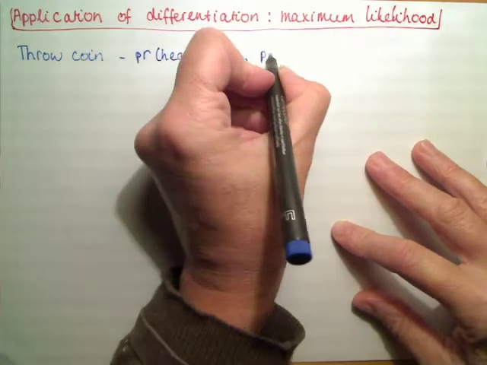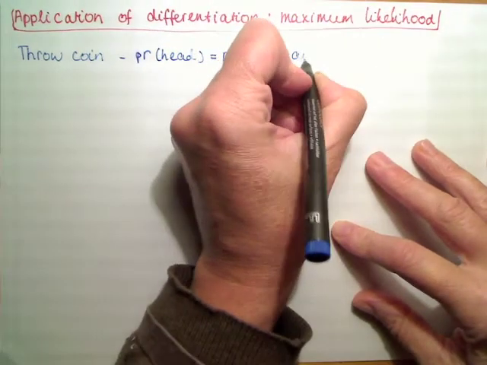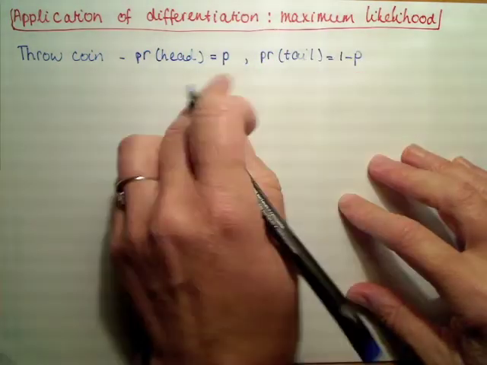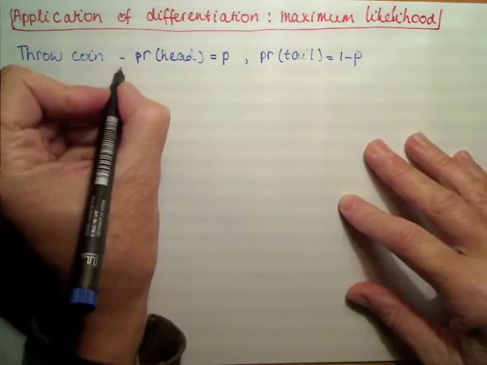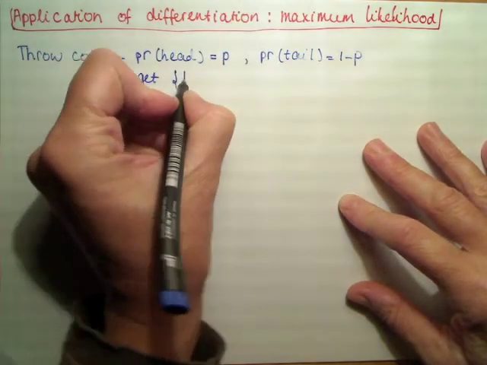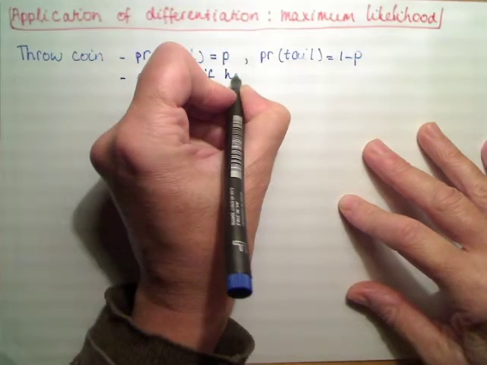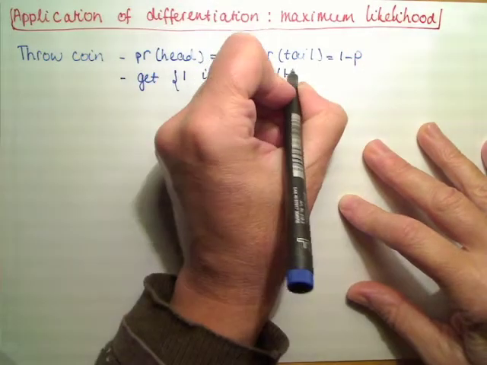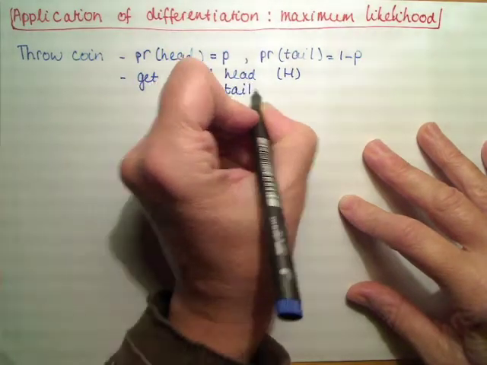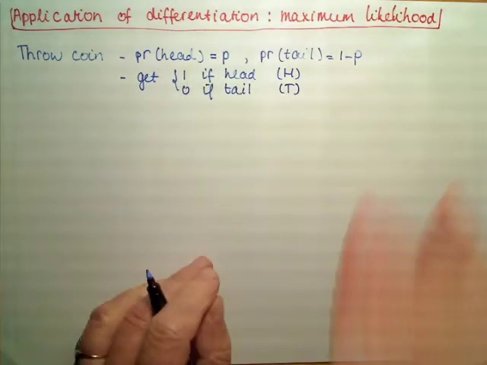The probability of tail then necessarily is equal to 1 minus p, because the probabilities have to sum up to 1, and the game is that we get 1 if head shows up, we denote it by capital H, and we get 0 if tail shows up. We denote this by capital T.